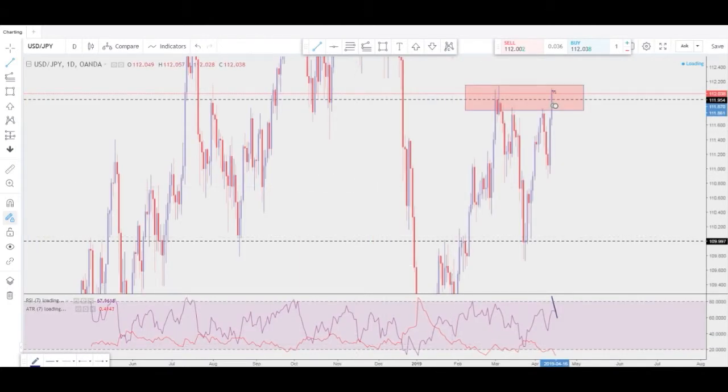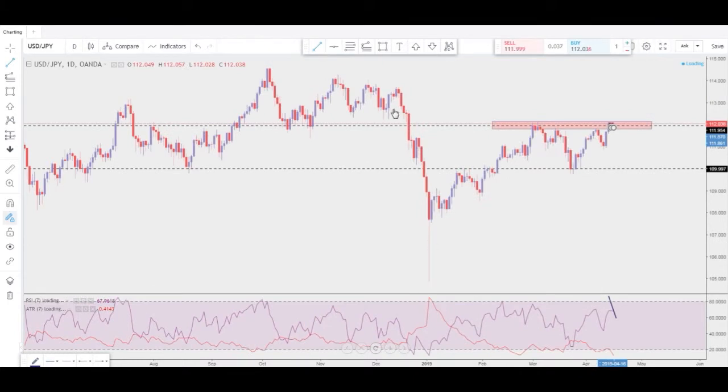So the next level that I'll be looking at is up here at this level. Previous support should turn into resistance at the 112.63s. This is the level that I'll be looking at next.